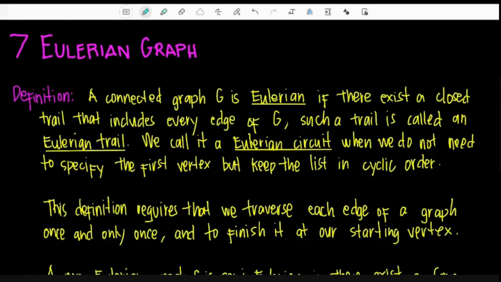So if you can traverse the whole graph once and only once for each edge, you can repeat any of the vertices but not the edges, and then you can return to your starting point. Then that's an Eulerian trail.